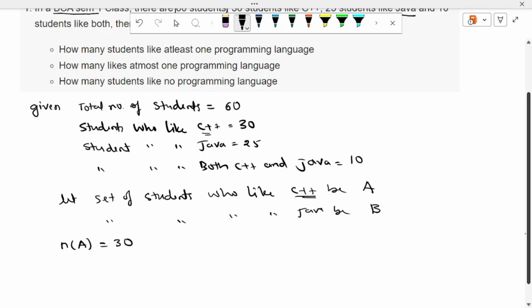Or you can write like this also: number of elements in A is equal to 30. This is also correct.